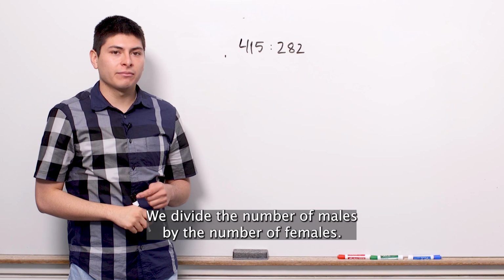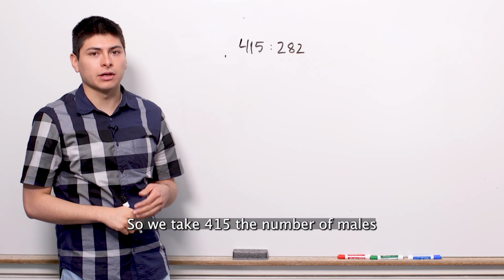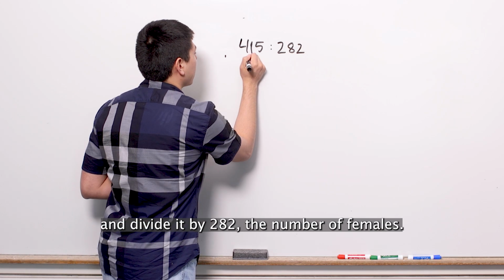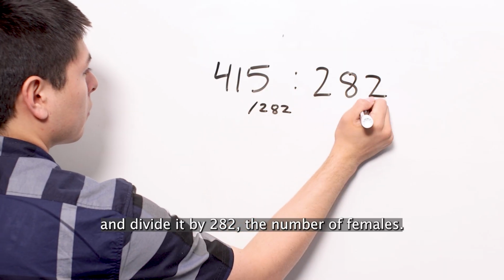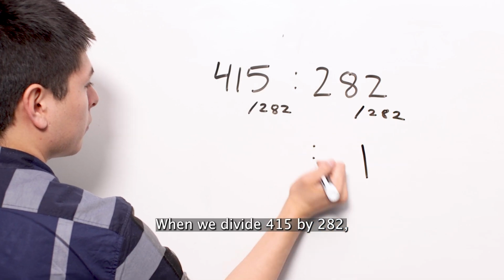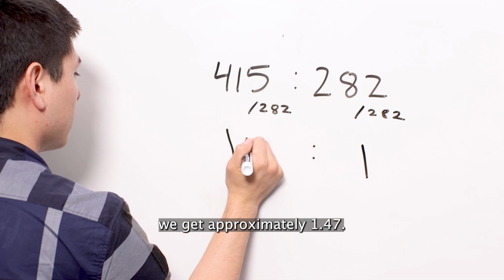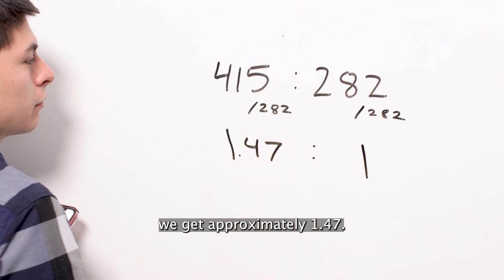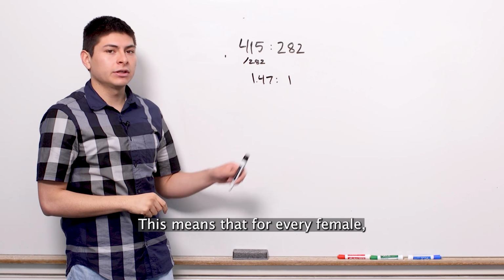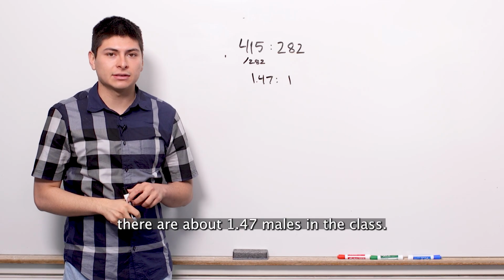We divide the number of males by the number of females. So we take 415, the number of males, and divide it by 282, the number of females. When we divide 415 by 282, we get approximately 1.47. This means that for every female, there are about 1.47 males in the class.